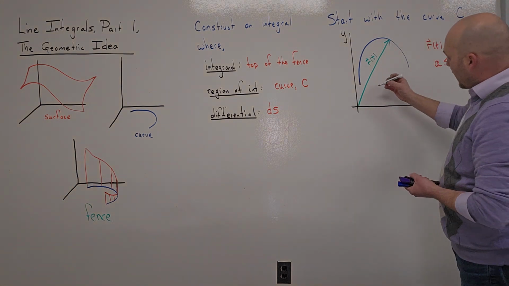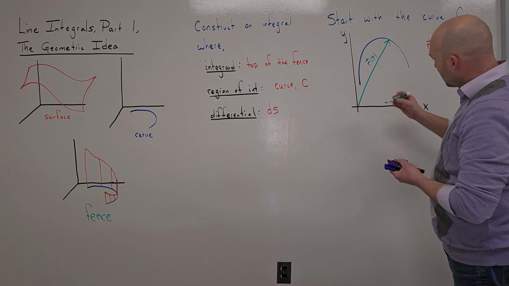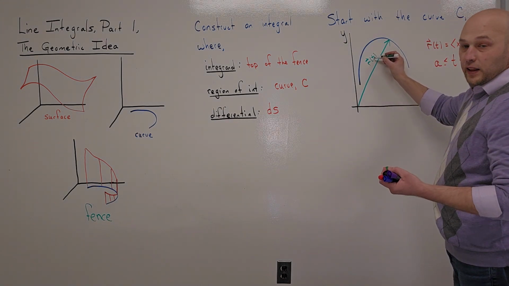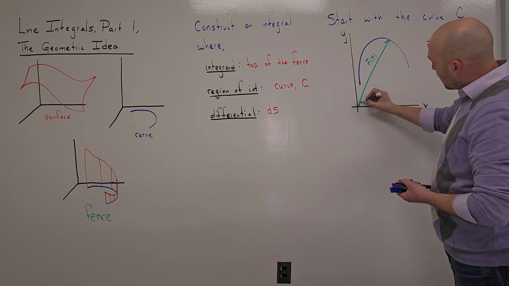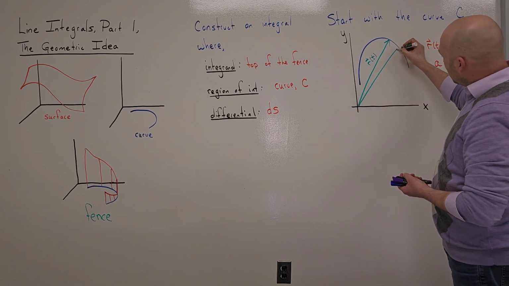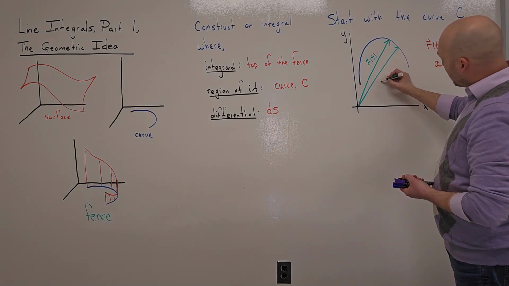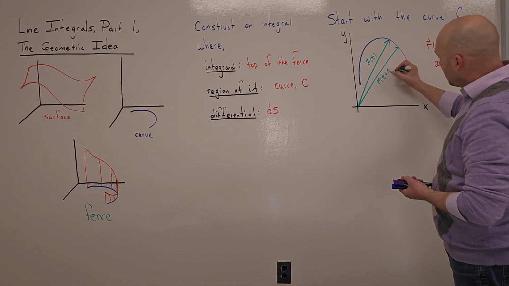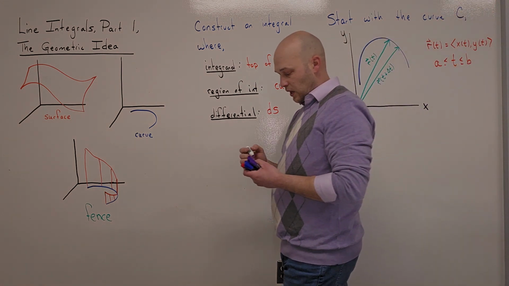So let's say I have another vector for a slightly larger value of t. Let's say that vector would go here. And this is going to be the vector r of t plus delta t, where delta t is positive in this case.